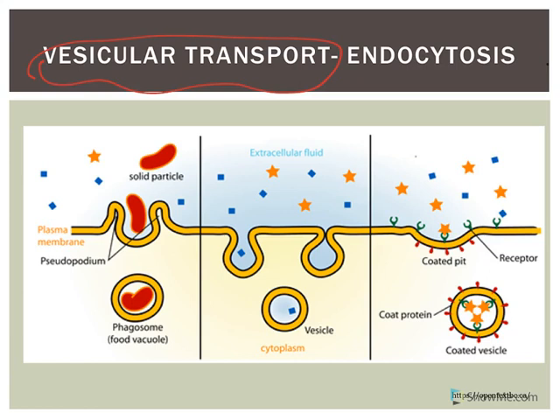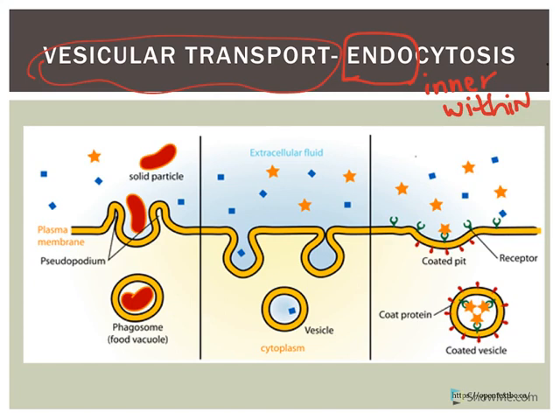So the pictures that you see here are all examples of endocytosis. The prefix endo is a word that means inner or within. So here we have a process in which we're going to bring substances into the cell.